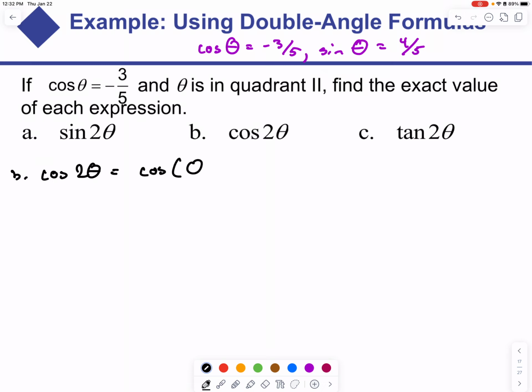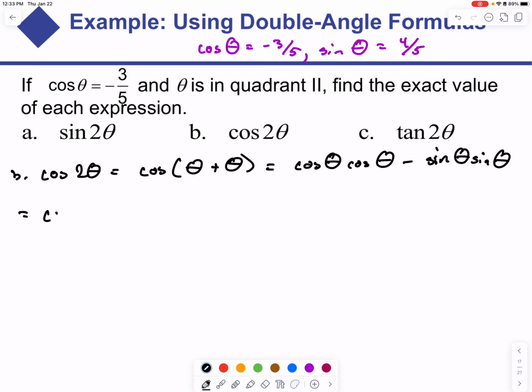Cosine of theta plus theta. That means what? Cosine theta minus sine theta, okay?